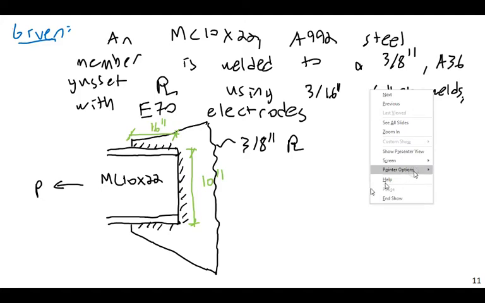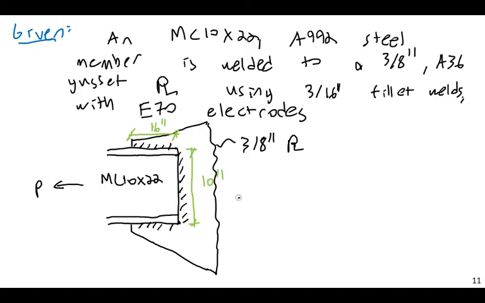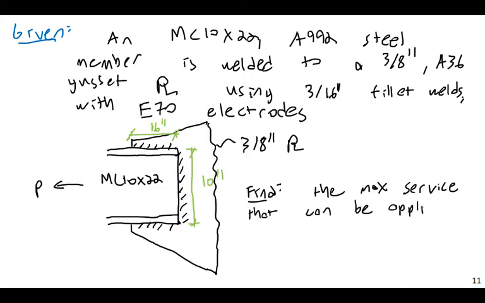And I want to find the max service load that can be applied if the live to dead load ratio is 2.5.